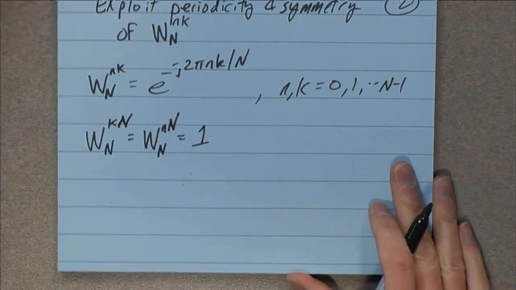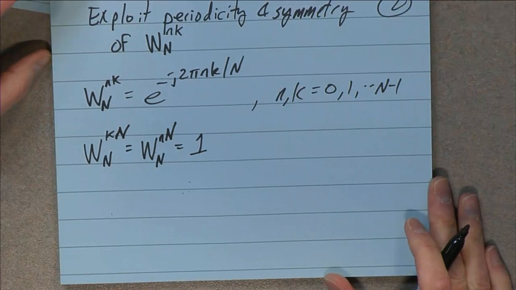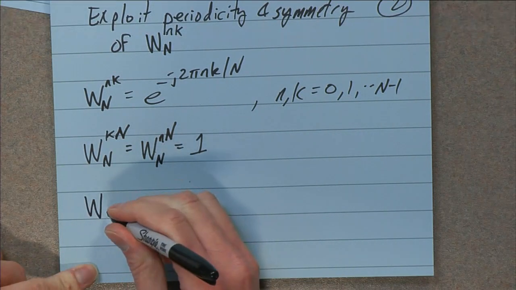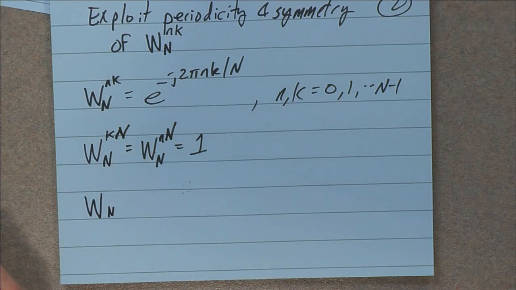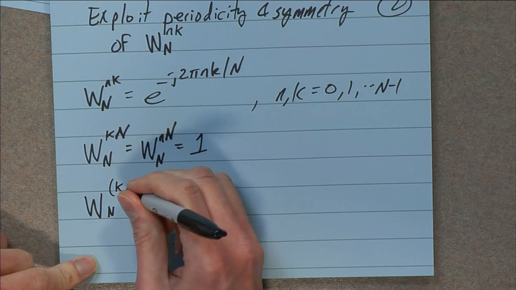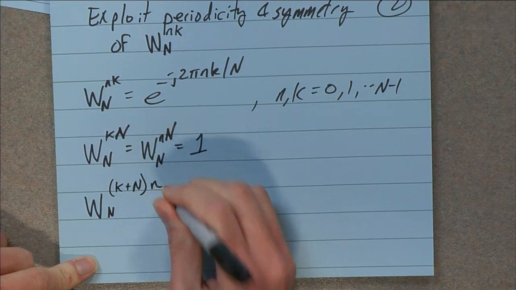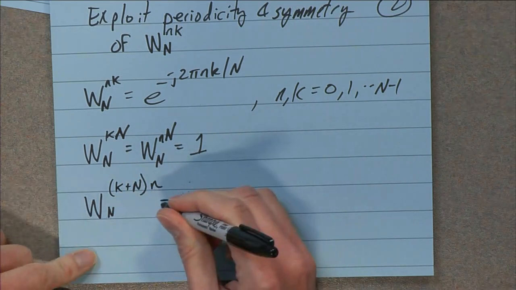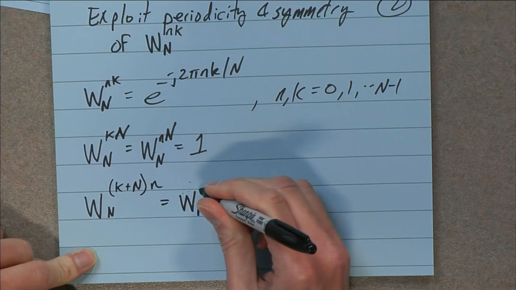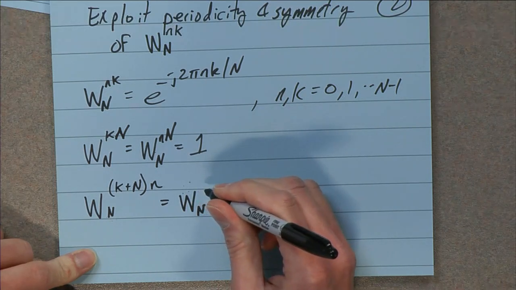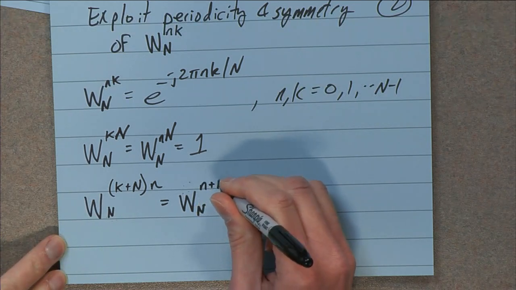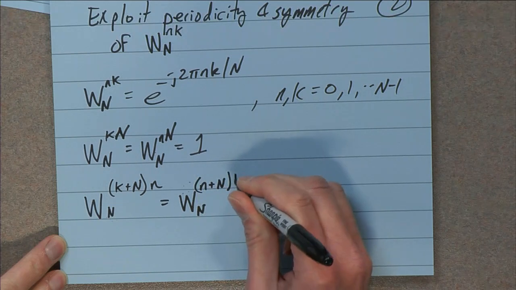As we move through some of these, you can see it's going to clean up. Also, if we exploit the periodicity, let's say we have k plus capital N, that's going to be the same as W_N to the nk.